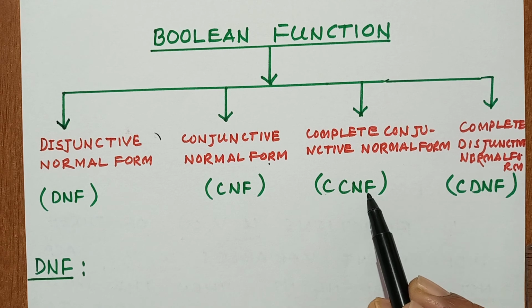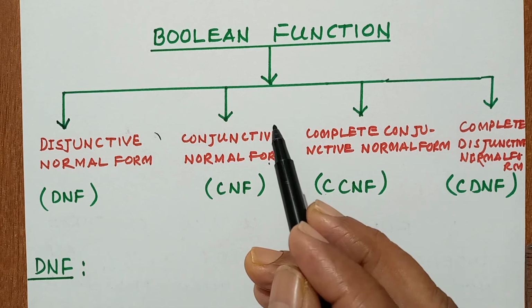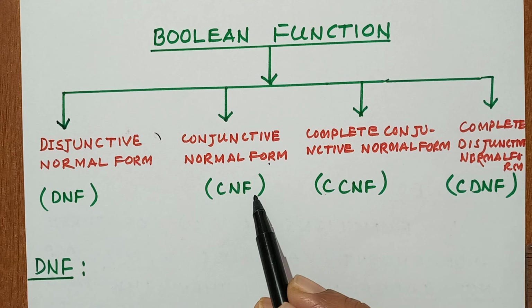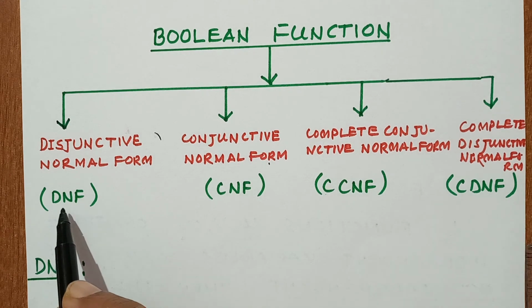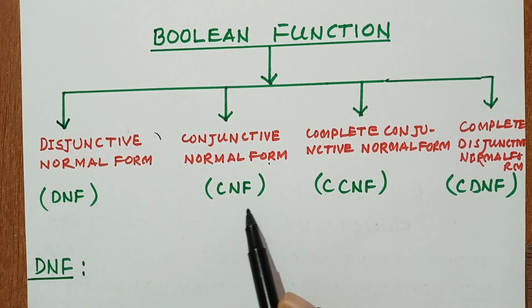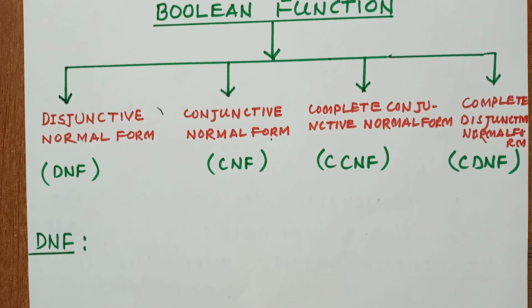Okay, it means there are four types of Boolean function. One is disjunctive, second is conjunctive, and another are complete disjunctive normal form and complete conjunctive normal form. So now we will explain one by one.